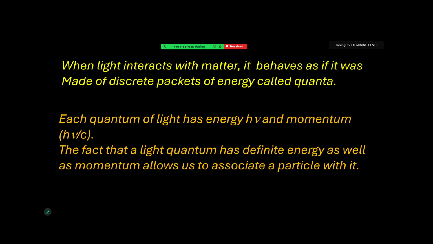Each quantum of light has energy equal to hν, and momentum hν by c. Notice hν by c is the momentum. So the particle has energy and momentum, and the fact that it has momentum tells us that it is a particle. The fact that a light quantum has definite energy as well as momentum allows us to associate a particle with it.